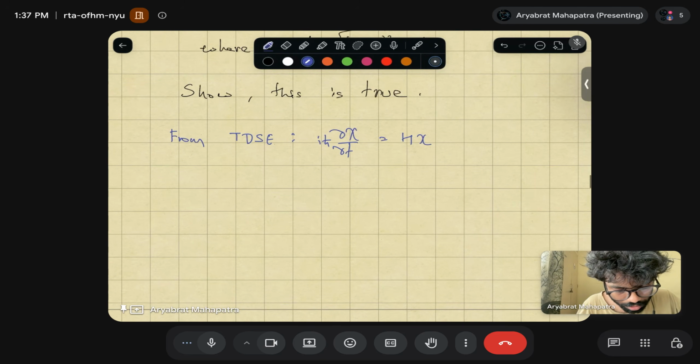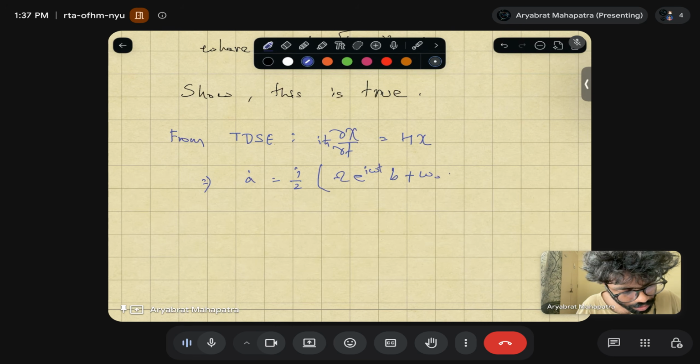And from there we found A dot equals i by 2 omega exponential i omega t B plus omega naught A, as we have seen at the starting of this problem.